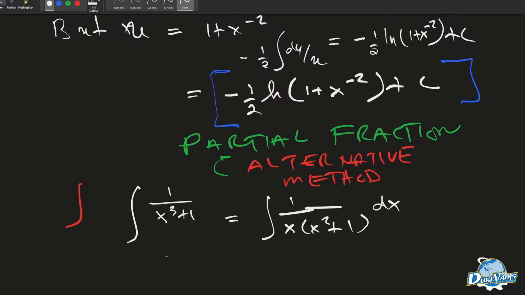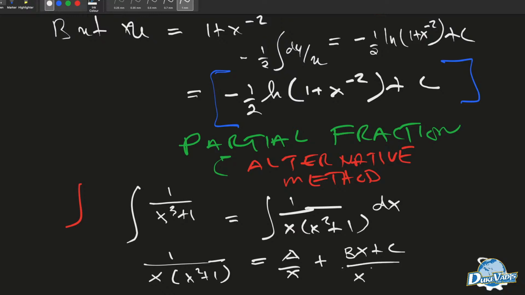So our equation will be 1 over x times (x squared plus 1) should be equal to A over x plus (Bx plus C) all over x squared plus 1.